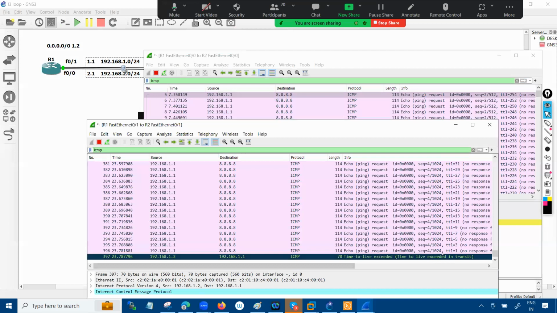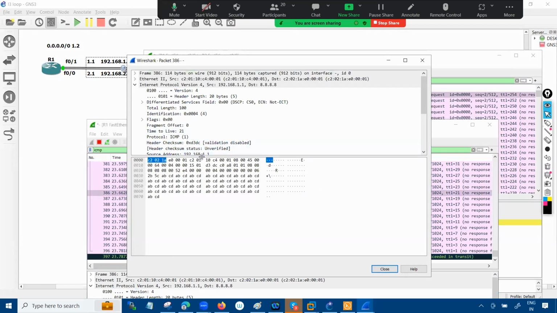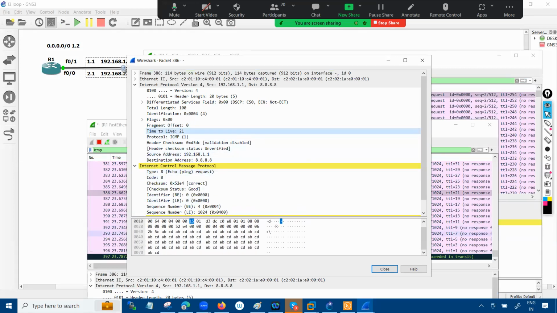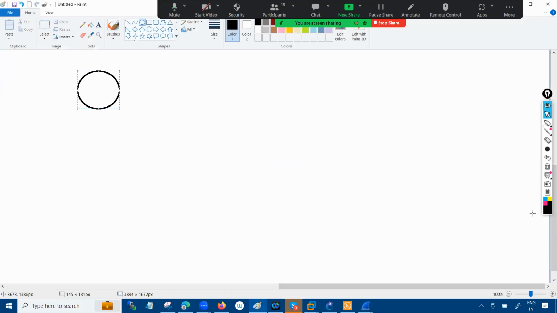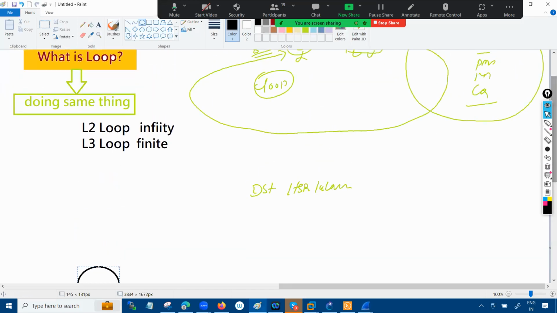So on a layer 3 header, on an IP header, we have a TTL field. That's the ICMP protocol, because ping works on ICMP protocol number 1, and we have a TTL over there. It's an 8-bit field. So on a layer 3 header, we have a TTL field that helps to prevent the loop. That's why we call it a finite loop. Why am I saying finite loop?